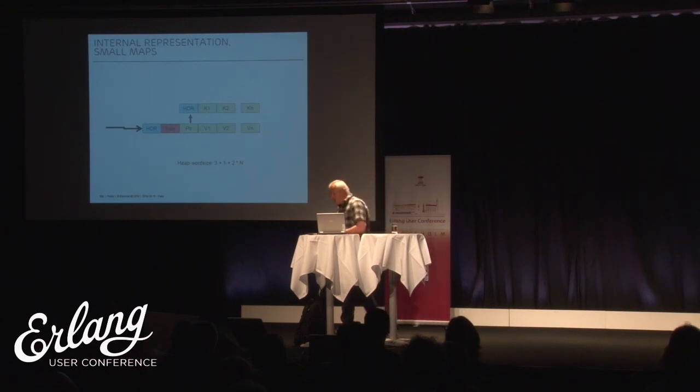The internal representation is like this. You come in here from the pointer from the heap, and you get the header, and you have the size of the whole map. Then you have a pointer again to all the keys. They are stored like you store a tuple, and the values come here.